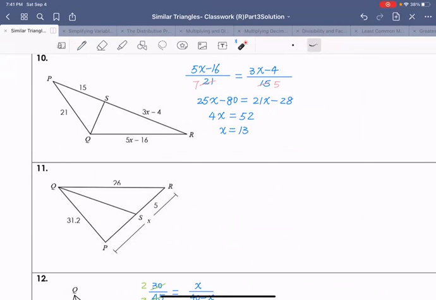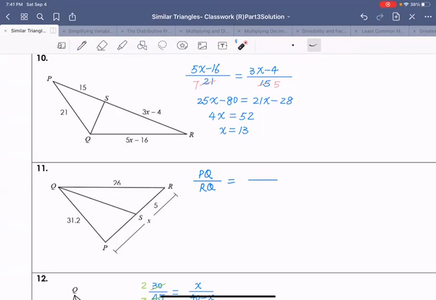These two angles are equal. PQ and RQ. PQ over RQ equals. Is it PR over SR?